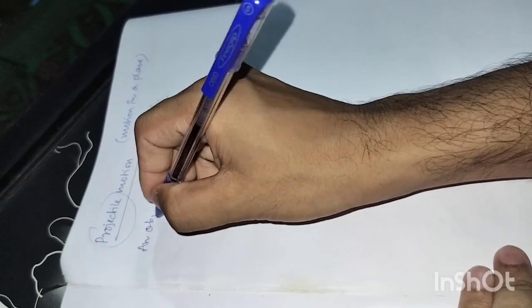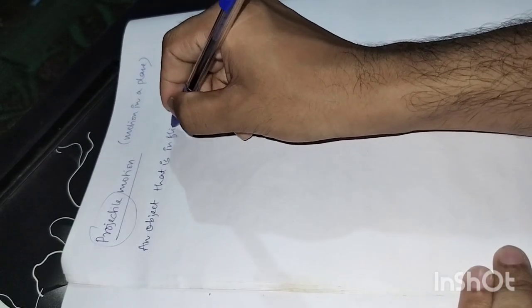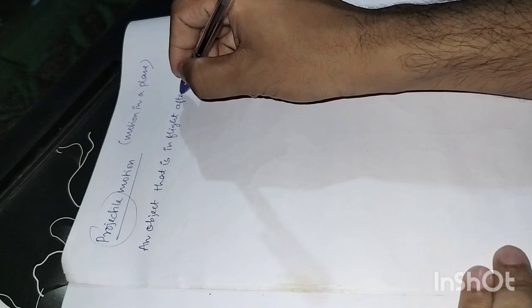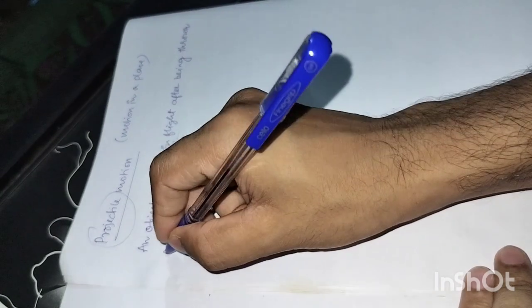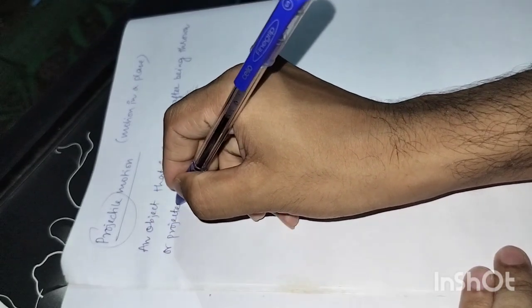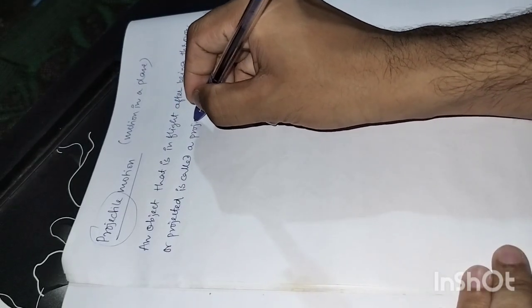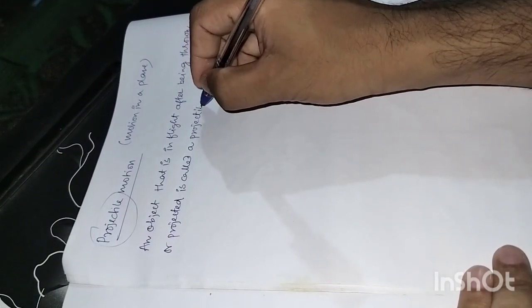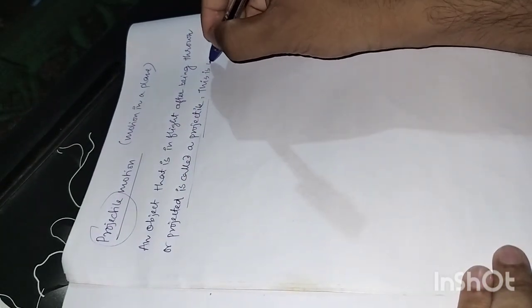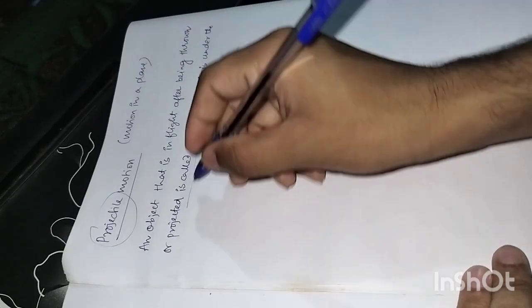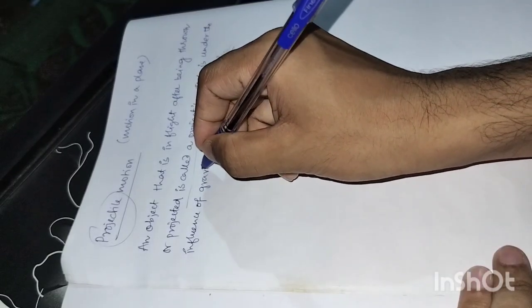So, this is an object that is in flight after being thrown or projected, under the influence of gravity, is called a projectile.